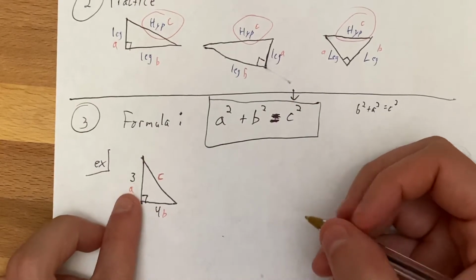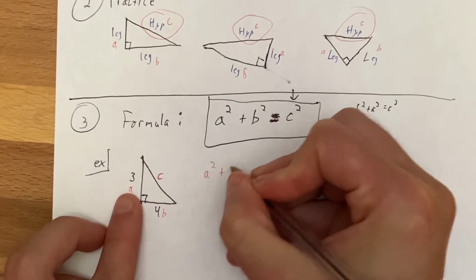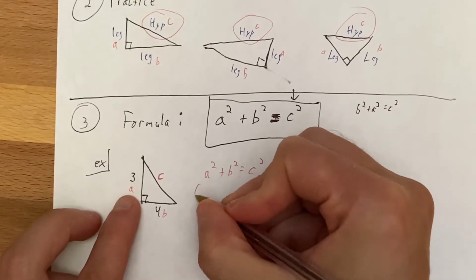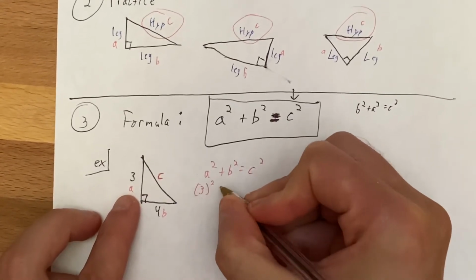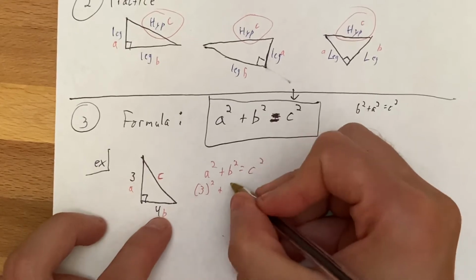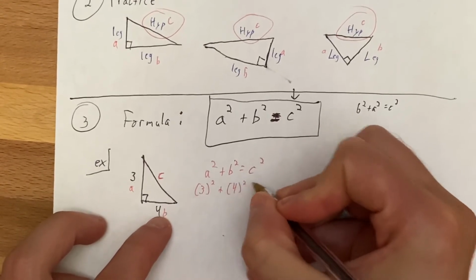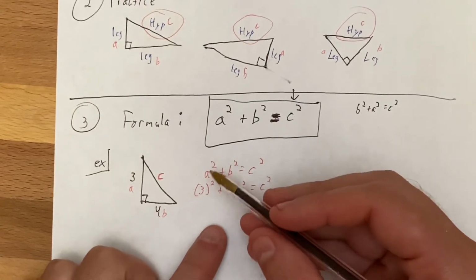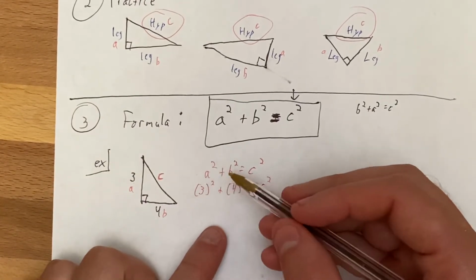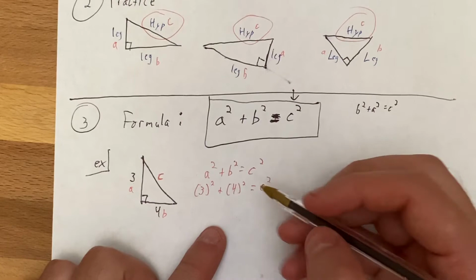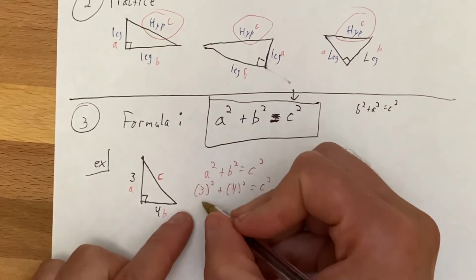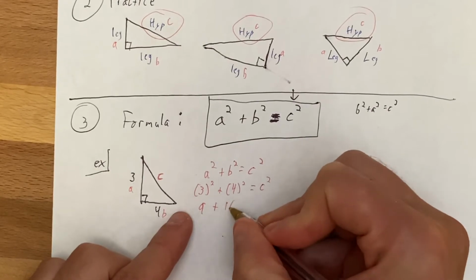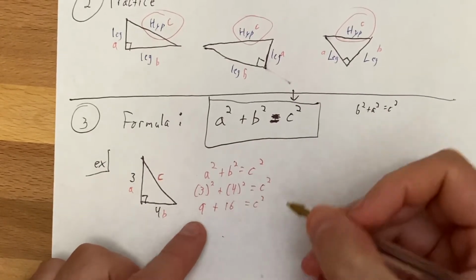In which case the formula now says a squared plus b squared equals c squared is now 3 squared plus 4 squared equals c squared. All right, because a is 3, so 3 squared plus 4 squared. 3 squared is 9. 4 squared is 16 equals c squared.